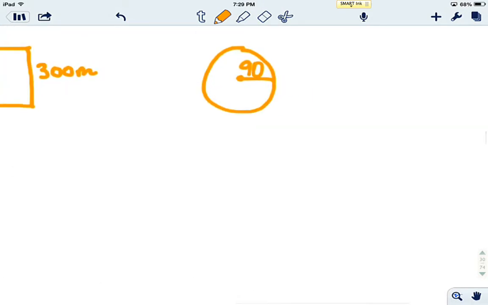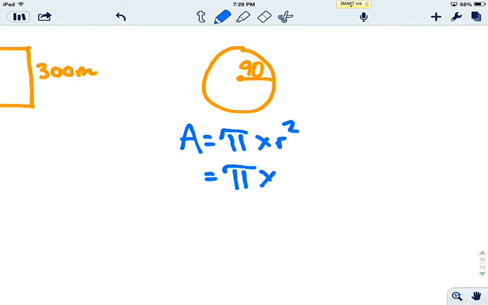I'm going to change my ink color to blue. The area of a circle is equal to pi times r squared. My r here is 90, so I have pi times 90 squared.